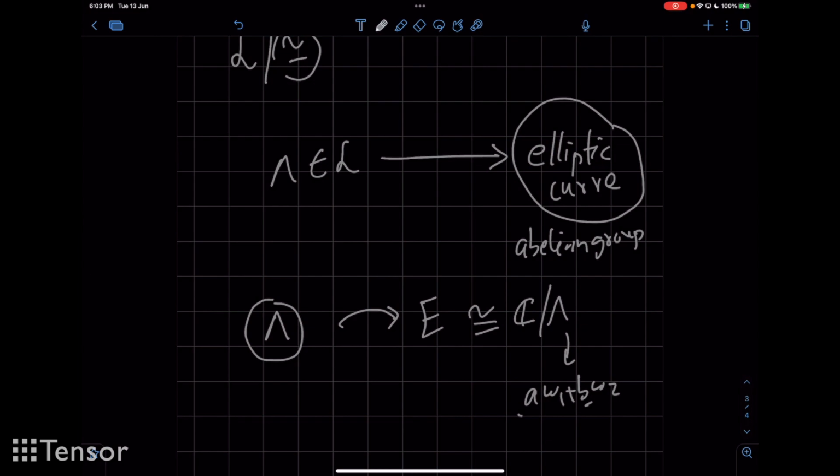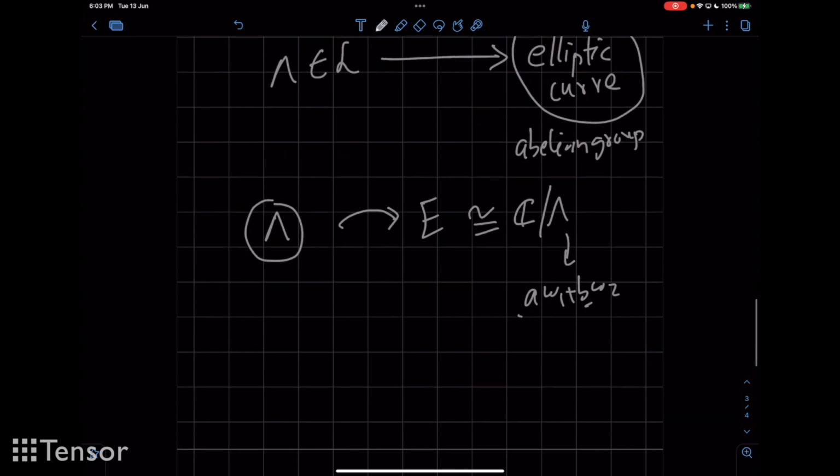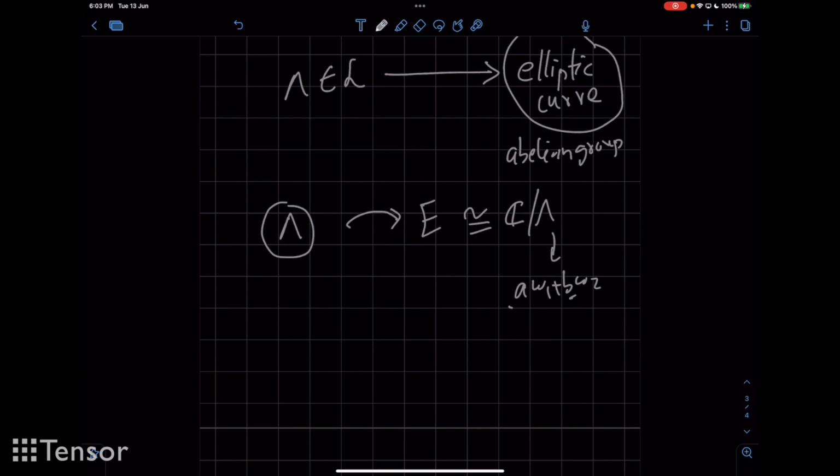And the converse is true as well. If I have an elliptic curve, there must be a lattice in the complex plane that generates the elliptic curve. So this correspondence goes both ways.